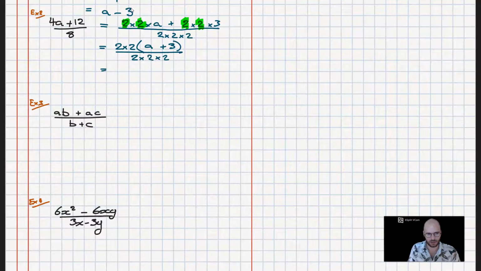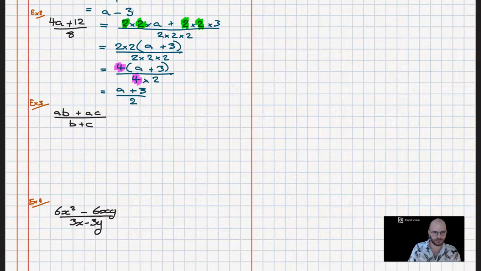Now I could simply cancel out the 2's here and the 2's here, but we'll put it all together such that it's a bit cleaner. So we'll go 4 times a plus 3, then 4 times 2, and then we'll highlight our 4's and get rid of them. So we're going to get a plus 3 all over 2, like so.